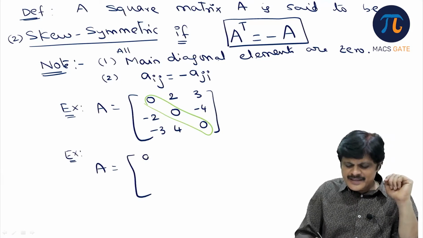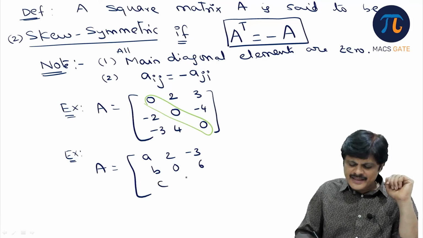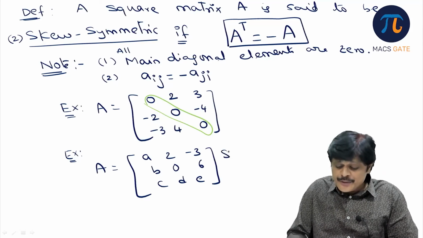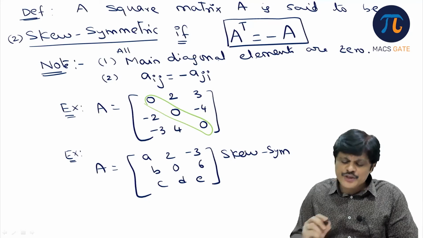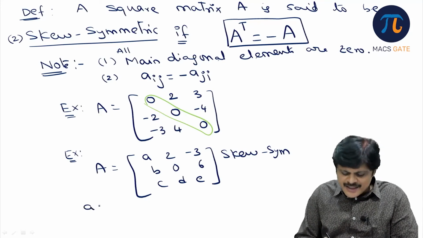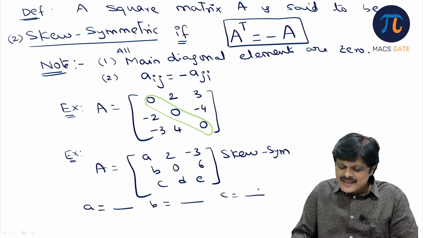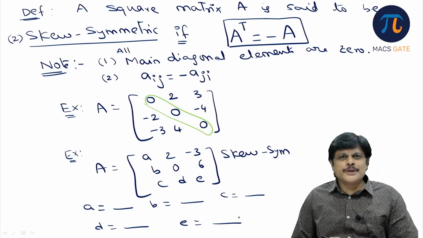Suppose A is, say, A 2 minus 3, B 0 6, C D E. He gives this matrix and tells you that it is a skew symmetric matrix, and he is asking you to find the values of A, B, C, D and E. Use the technique.